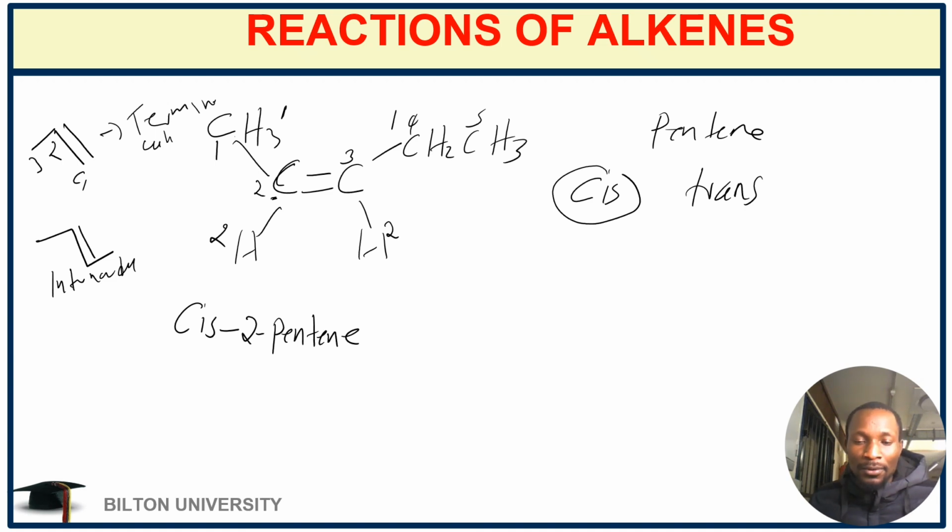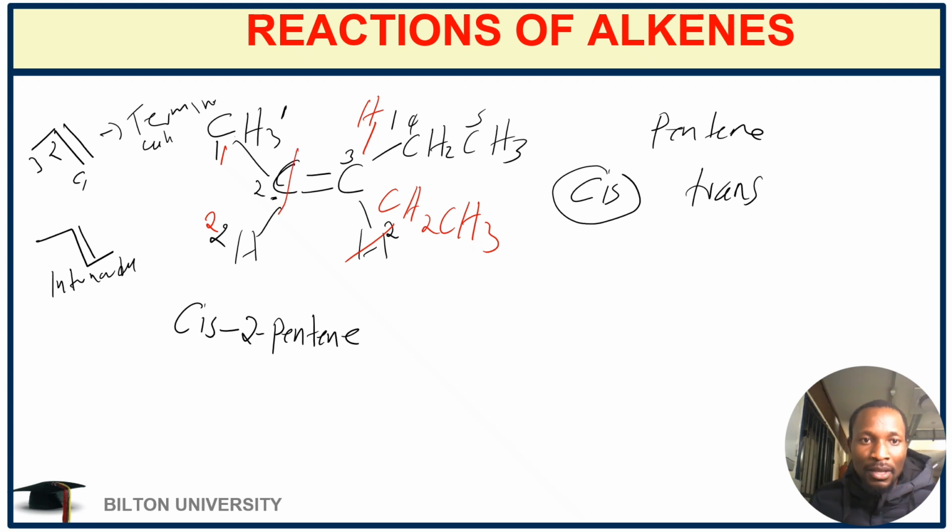Now if it happens that instead of having them on the same side, we have them on opposite sides. Let's swap, such that on this side now we are going to have CH2 and CH3, and on this side we are going to have hydrogen. So you can see now on this carbon we still have methyl as the first priority, and hydrogen as the second priority.